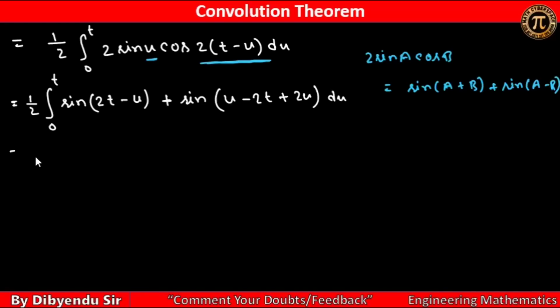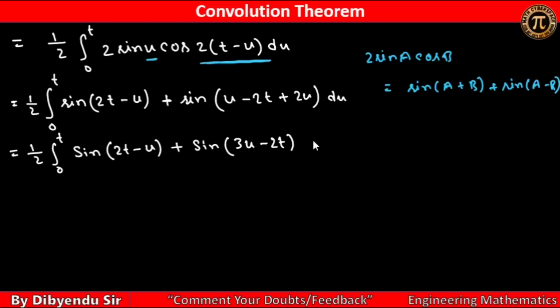So finally you are getting half into integration 0 to t of sin(2t minus u) plus sin(3u minus 2t) du.